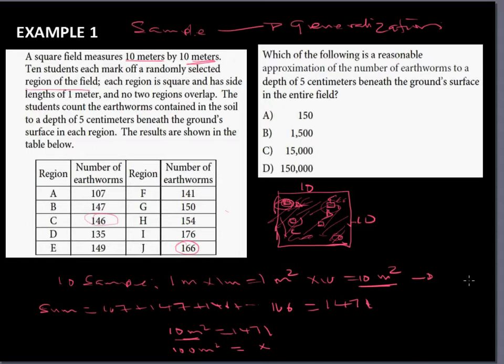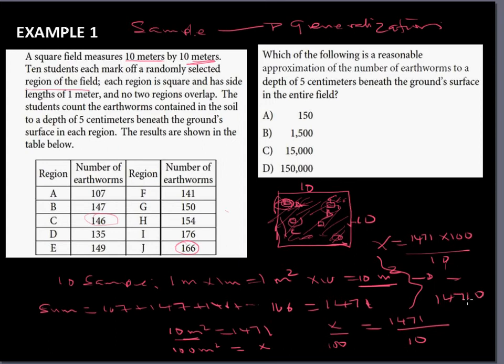And so by simple proportion and by ratio, you see that x over 100 is equal to 1471 over 10. So for me to find x, then x is equal to 1471 times 100 divided by 10, and that gives me about 14710. Right?